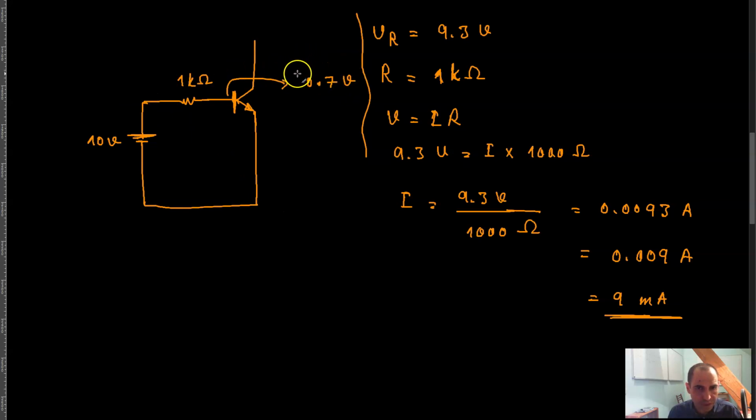If I assume that the voltage drop across the base emitter junction of the transistor is just not there, meaning that it is 0, then all of the voltage would be dropped across this resistor, meaning that V of R would be equal to 10 volts, and R would be equal to 1 kilo ohm.